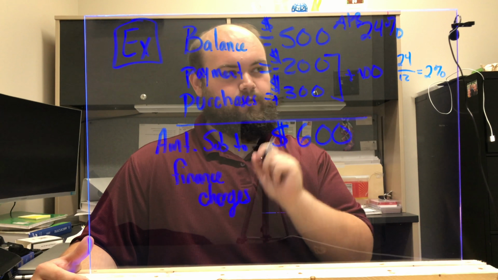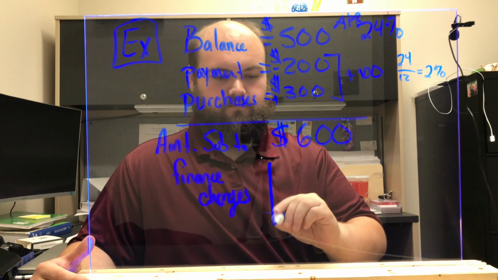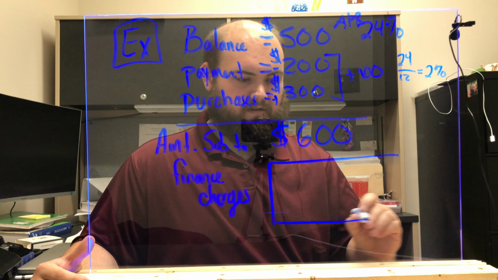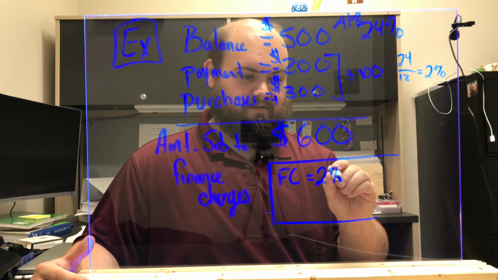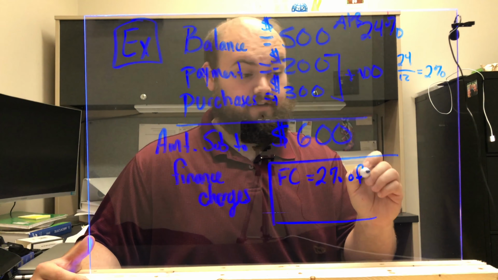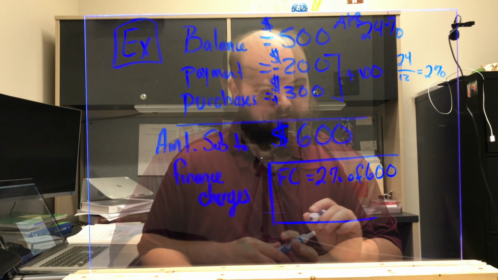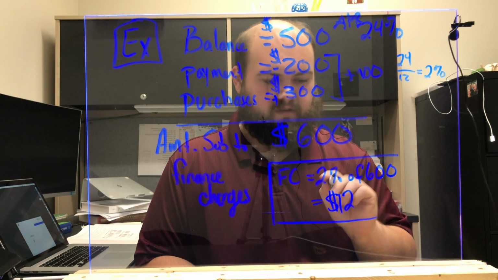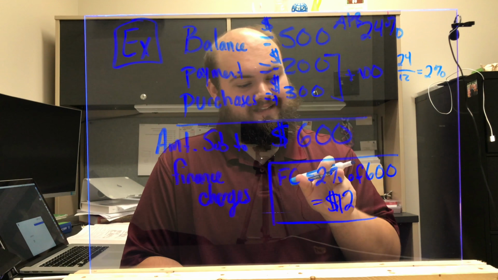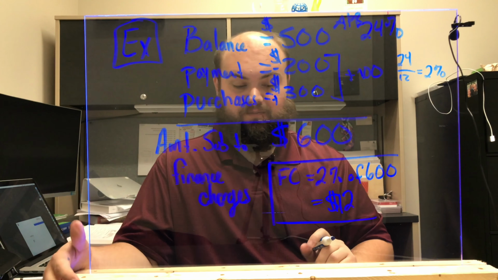So our finance charges are going to be 2% of the 600. If I grab a calculator, 2% of 600 is $12. And so then we're going to tack on $12 to our next month's balance.